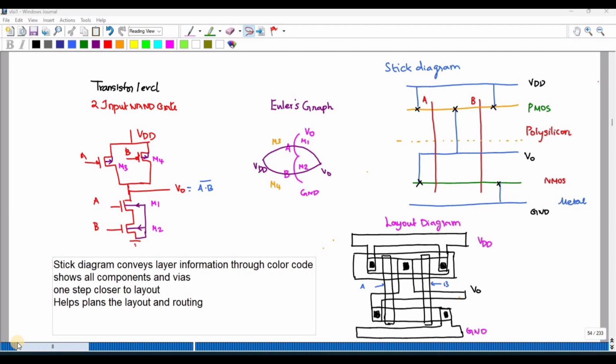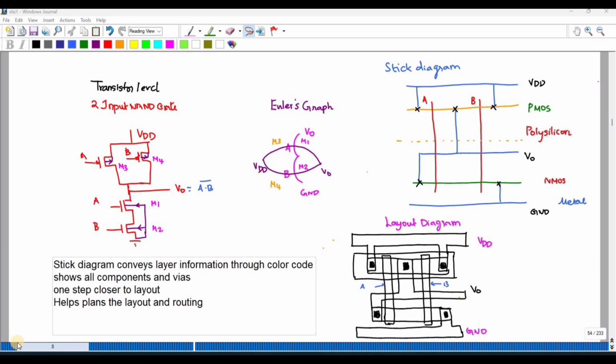It shows all the components and vias. Vias means connection between a metal and a semiconductor. It is one step closer to layout. After drawing the stick diagram, we go for the layout design, and this will be helpful for planning the layout and routing.